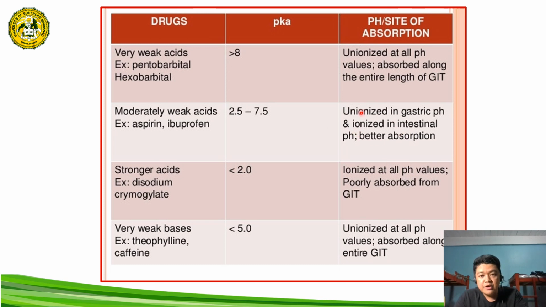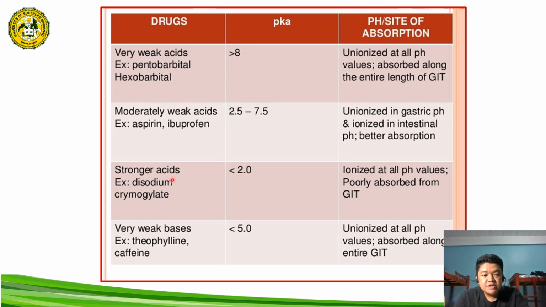But of course, when we compare that with a weak acid drug, it has lesser absorption in different segments of the GIT. Because of its pKa value, the moderately weak acid drug will only be absorbed better in the stomach, and it will not be absorbed readily in the intestine because of its ionization.